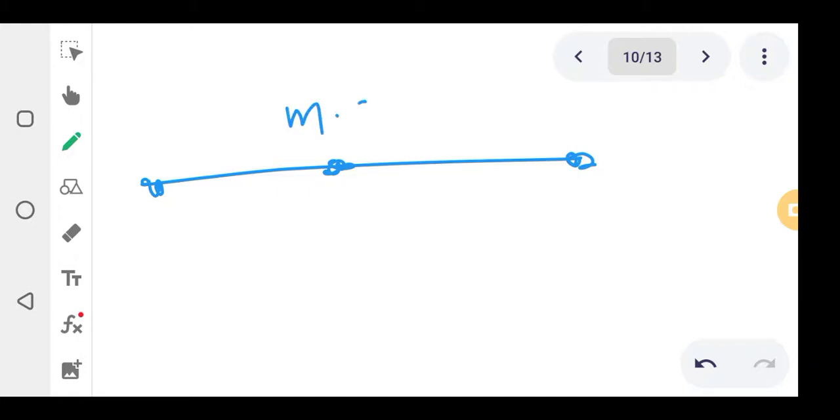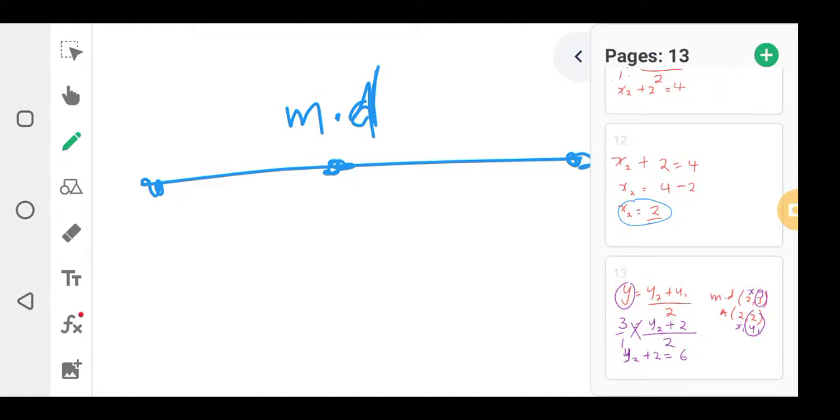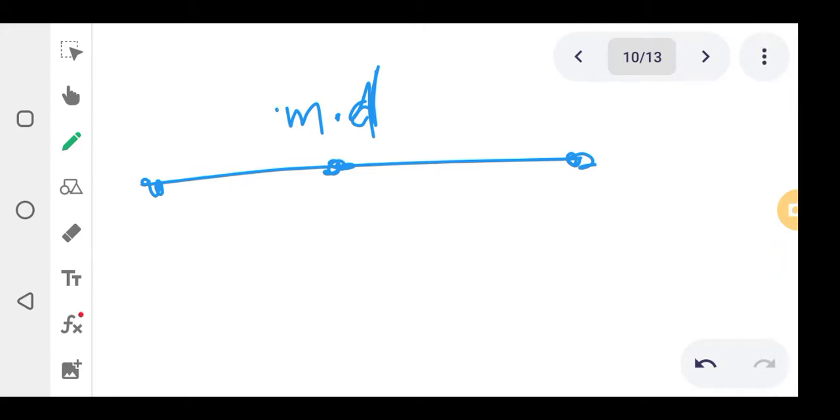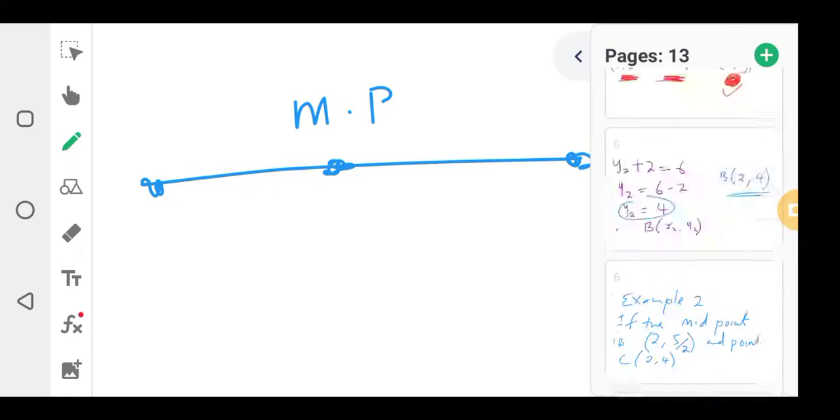This midpoint here is just a rough sketch to help you understand. Midpoint means on the middle. MD means midpoint. Don't get confused. Actually, I'm supposed to put MP, not MD. Midpoint.